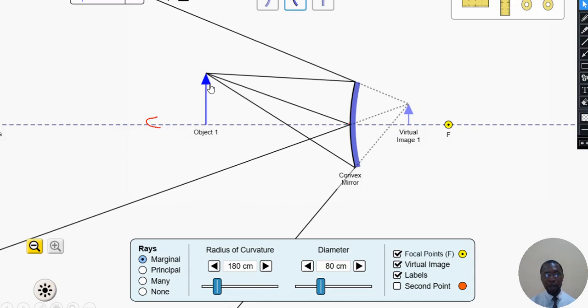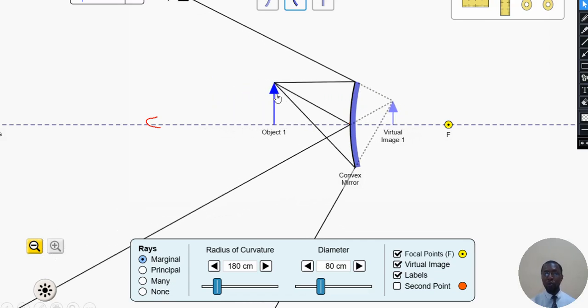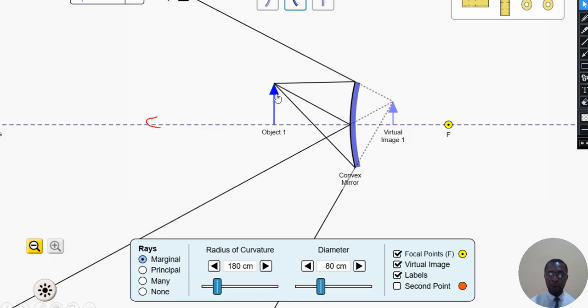If you move it before the center of curvature, you see the same thing happens. So these are the characteristics of image formed, either in a concave mirror or in a convex mirror. It's very important that we have an understanding of this concept.